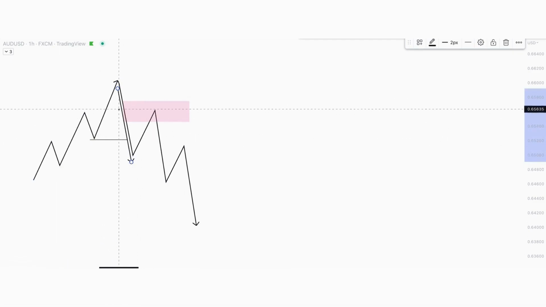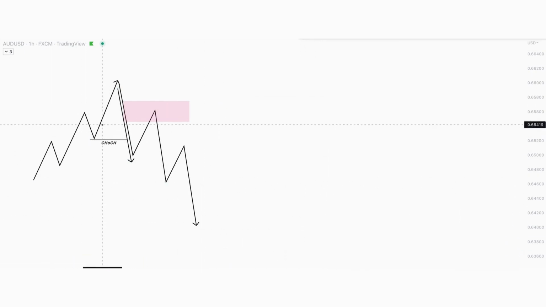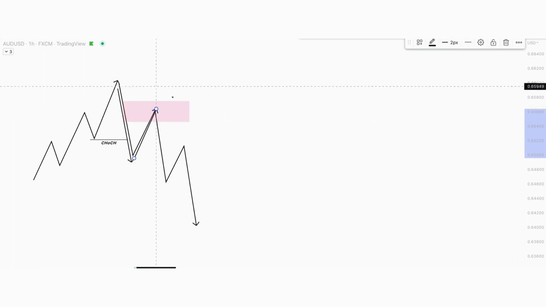So it changes its character, what we call the change of character, from bullish to bearish. The price tries to correct and respect this area where there's a last up candle before the one that caused the break.